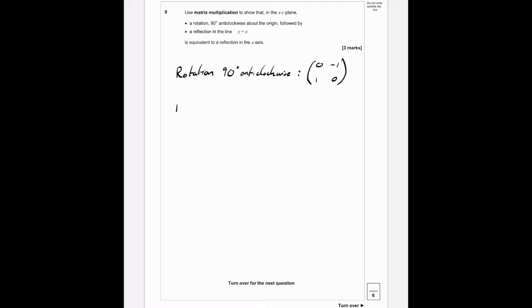We know that a reflection in the line y equals x, essentially just swapping all the x and the y coordinates around, is going to be 0, 1, 1, 0. If you forget these, you can just have a little think about what happens during matrix multiplication, and you clearly see that actually the 0, 1, 1, 0 is going to flip the x and the y coordinates around the other way.